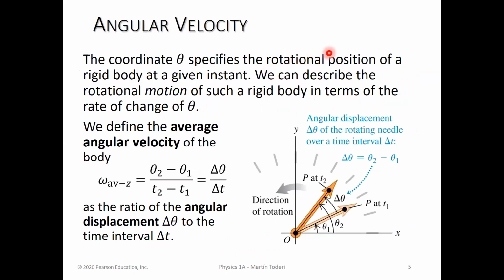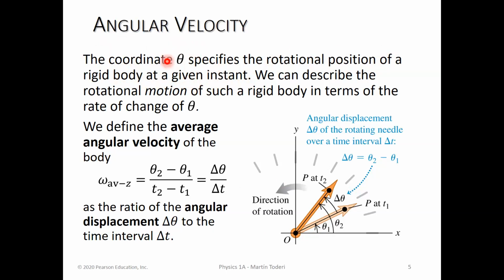All right, so we also talked about before in circular motion about angular velocity. And now we will work a bit more with this and make it more formal, let's say. So let's say we have our coordinate theta, which is the angle that is being spanned in motion. So it's specifying the rotational position of the rigid body at a given instant, right?